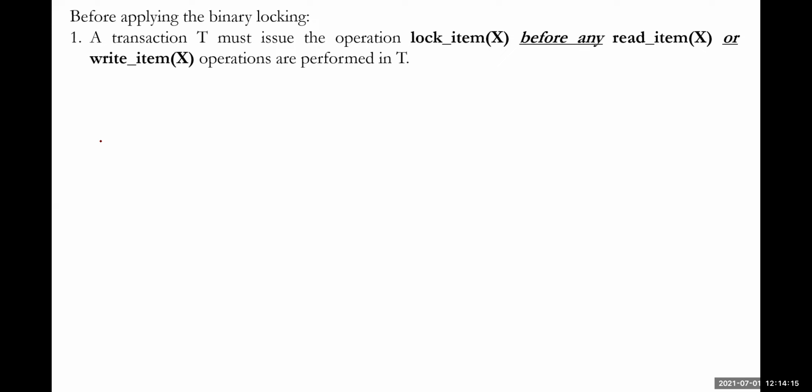Any transaction T must issue lock item X before read item or before write item, before trying to read the data or before trying to update the data. Either of these two situations, you must operate lock item. Otherwise, your transaction shall not come under binary locking mechanism.